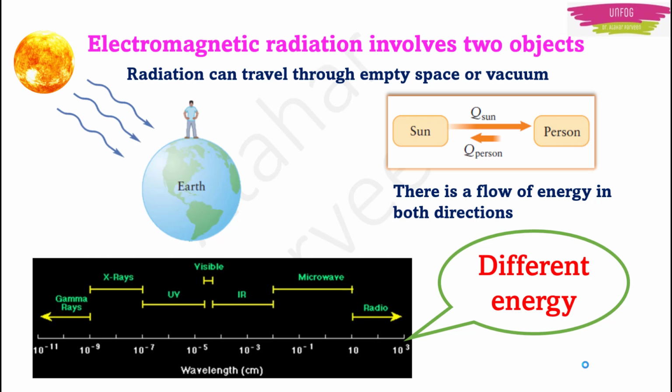No. Can you see the picture inside the body with that light? No. But this can happen with X-rays. If you allow X-rays to pass through a body, then you can see whatever is inside, the bones and all those things. That is because X-rays have more energy compared to other radiations.